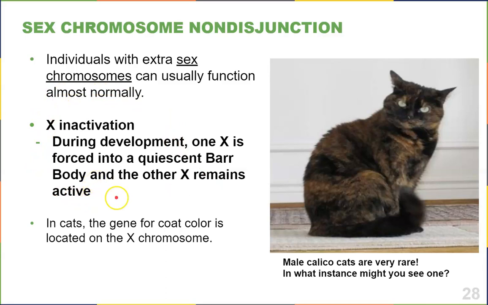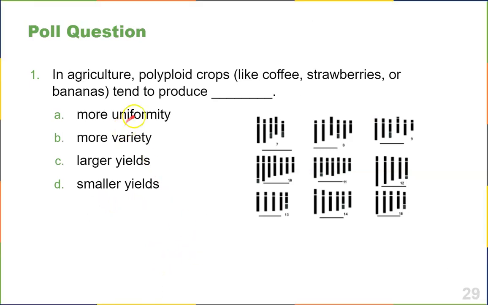So during development, one X chromosome in every cell in the developing fetus's body is going to go through inactivation, so that there's only one of those X's that are active, and so only those genes on that one active X is going to be expressing those genes. So let's see if I can, oh, I don't have it. I'll show you some X inactivation later on.